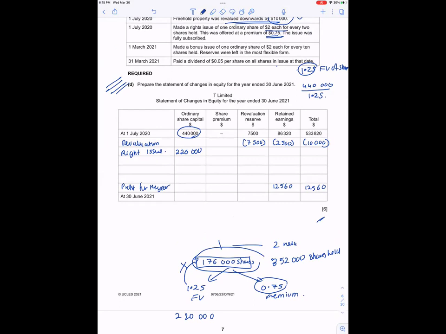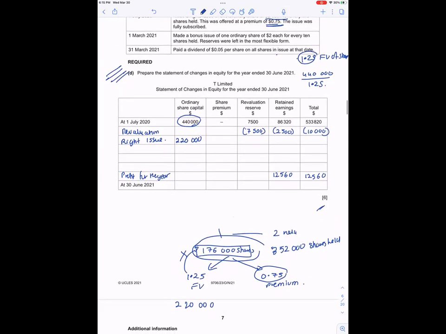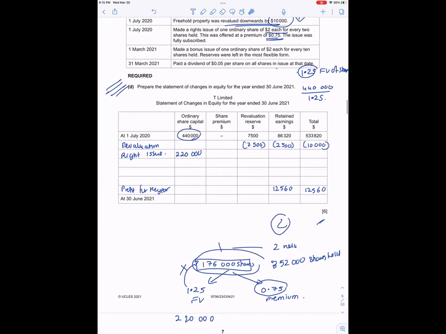The rights issue is at $2, right? Miss, I'm actually confused about the pricing. This is correct, 220,000. But the premium, if I'm multiplying, I'm getting something else.